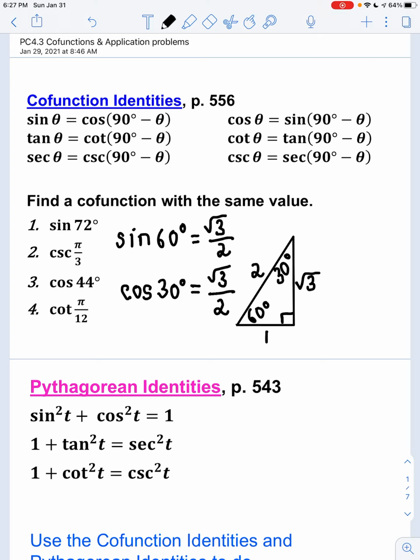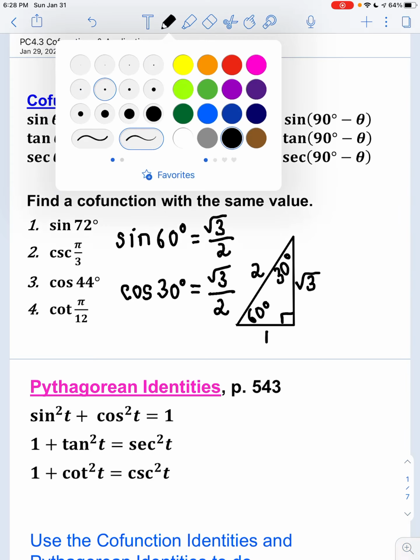You may recall from geometry that the acute angles in a right triangle are complementary, meaning they add up to 90. So what we're finding is when I take the sine of the one acute angle, 60, the opposite side, which is the square root of 3, is the adjacent side for the other acute angle of 30. Which makes the sine of one acute angle equivalent to the cosine of the other acute angle.